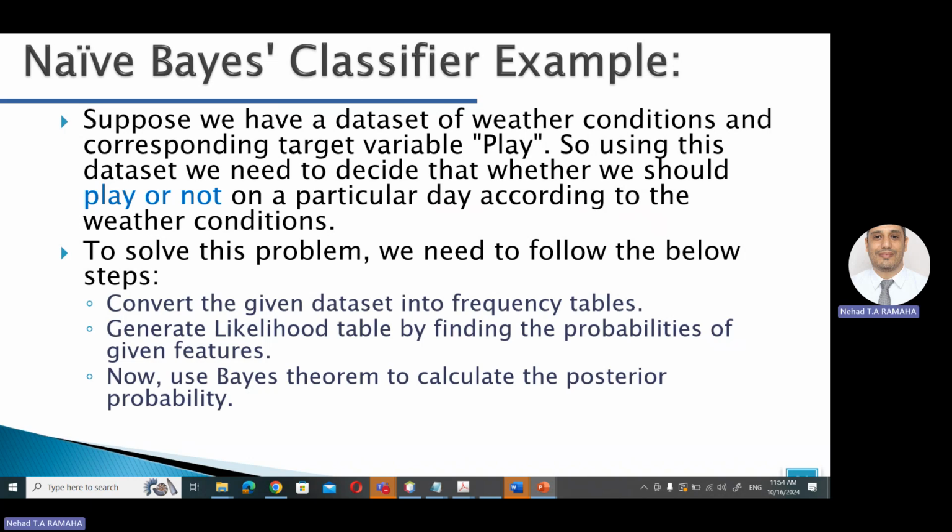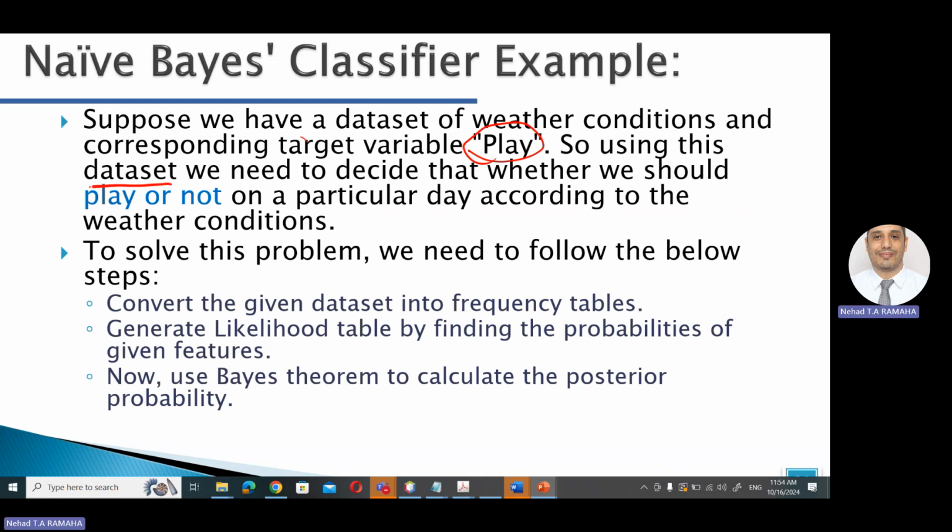Okay, let's go to the example. In this example, we want to make a decision to play something, for example tennis, football, or something like this, using a data set.